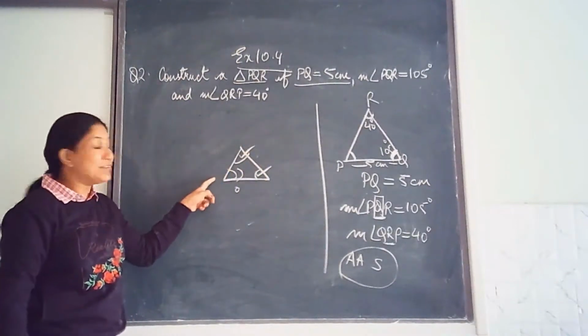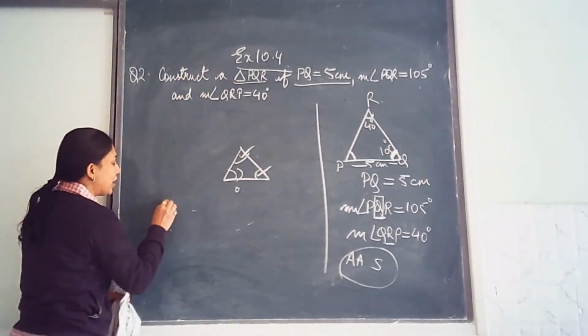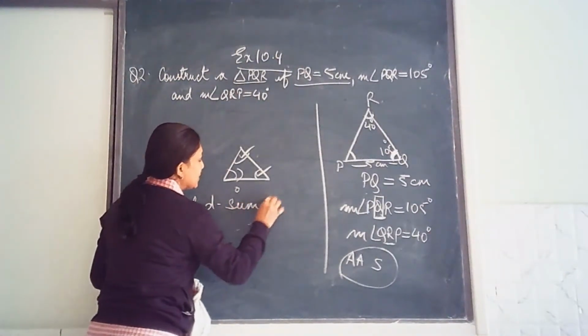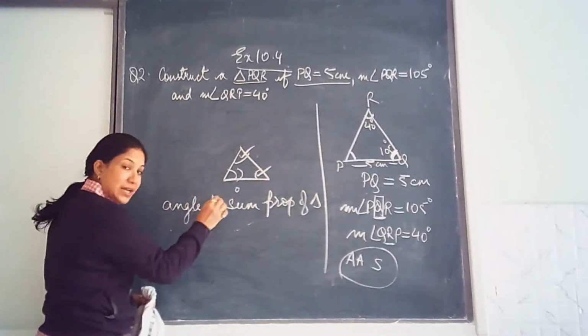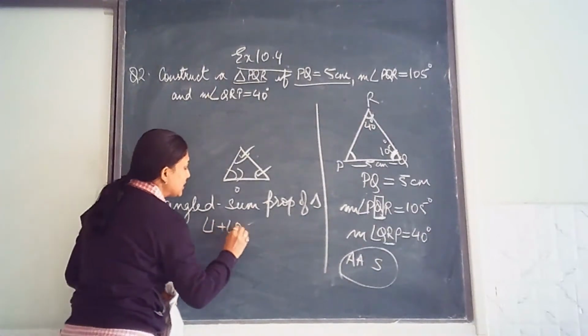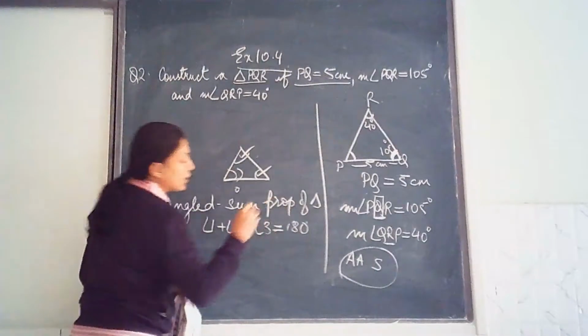But in a given triangle, two angles are given. So here we can apply the angle sum property of a triangle, which says that the sum of three angles, angle 1 plus angle 2 plus angle 3, is equal to 180 degrees.